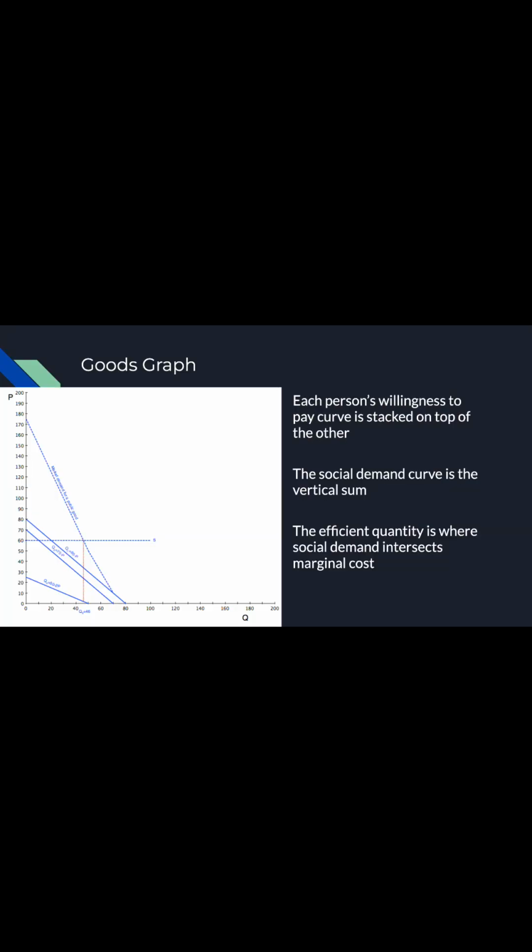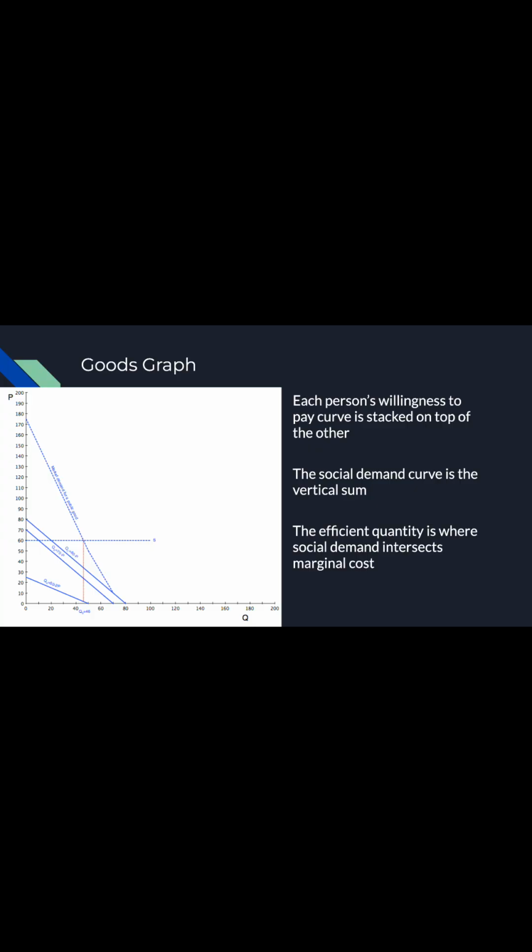Then we take a look at the public goods graph, which shows a different failure. Public goods are non-rival, which means that your use doesn't reduce my use; we can both use it as much as we possibly can and it doesn't affect each other.